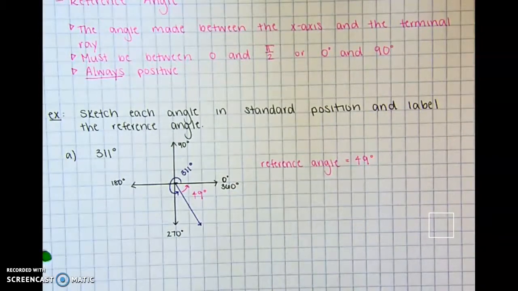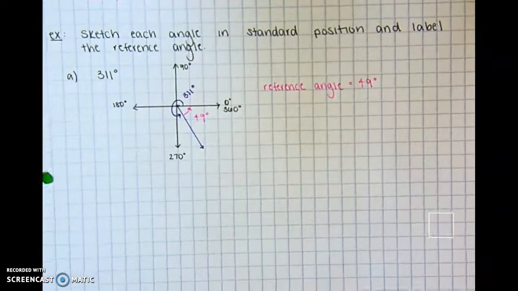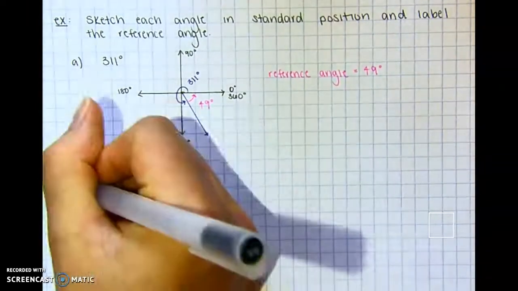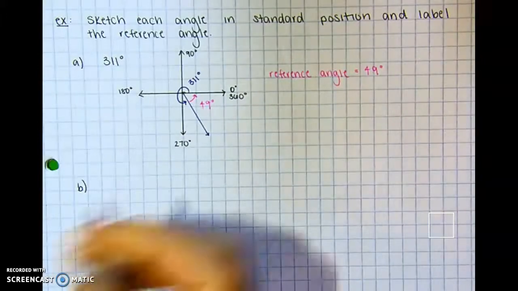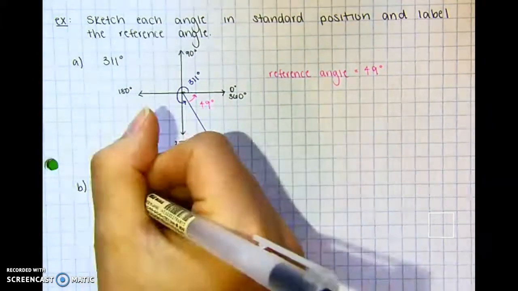Alright, let's do a couple in radians for practice. Let's do 7 pi over 6.